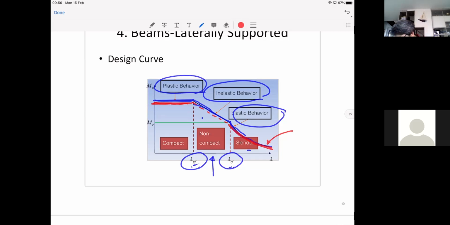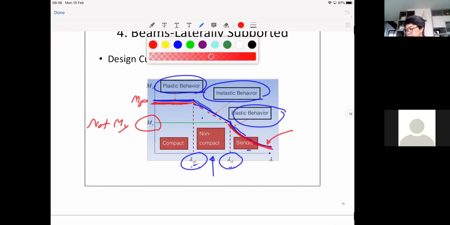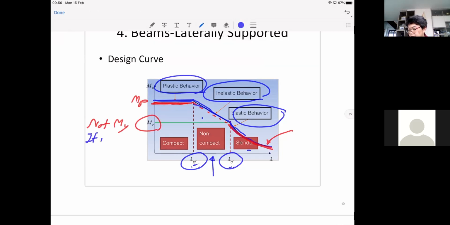Notice that right here, this is MP. But right here, this is not MY. Okay, this is not MY. It's not the first yield moment that we use. It is MR. It is the moment where residual stress is deducted.